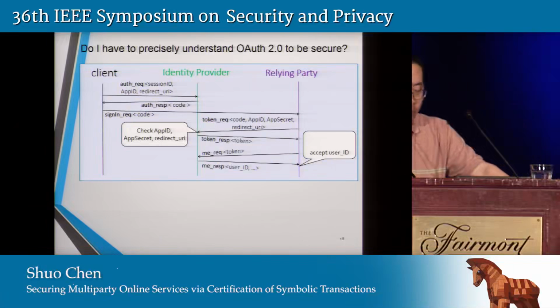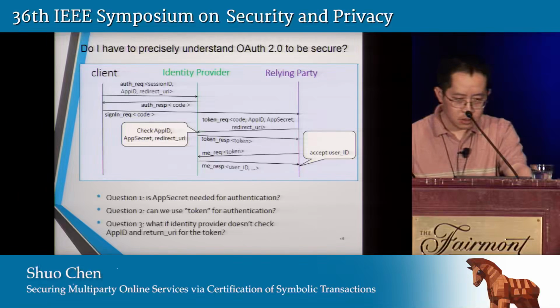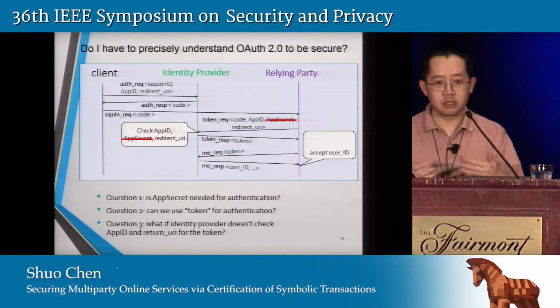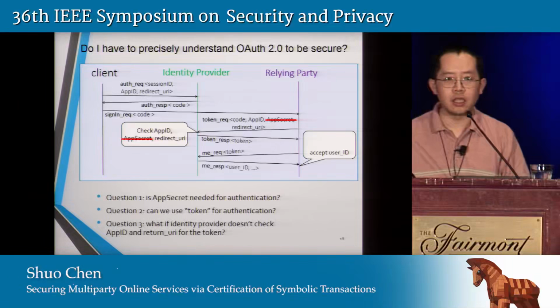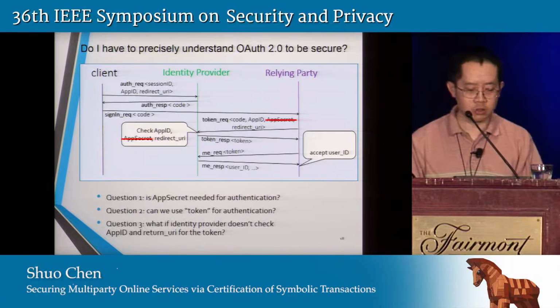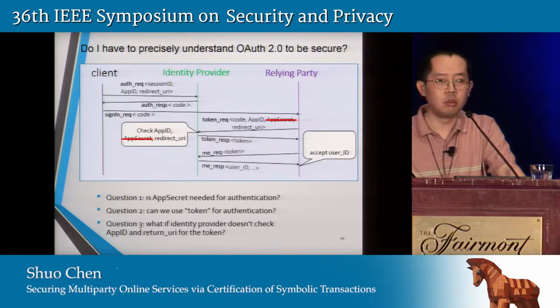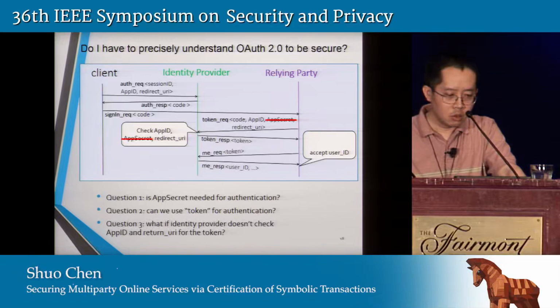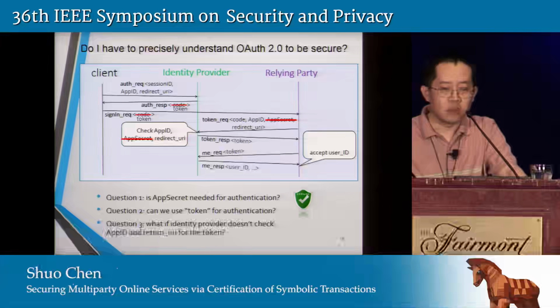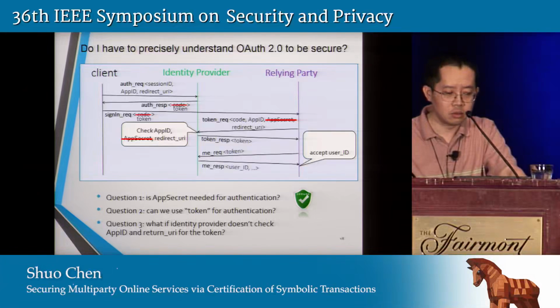Here you see the original protocol flow, which is doing single sign-on authentication. Our first question is, why do we need this app secret for authentication? So we just remove it. And it turned out that we can still do authentication correctly without this field. And then we started to violate the protocol more blatantly. We use the access token to replace the authorization code in this method call.